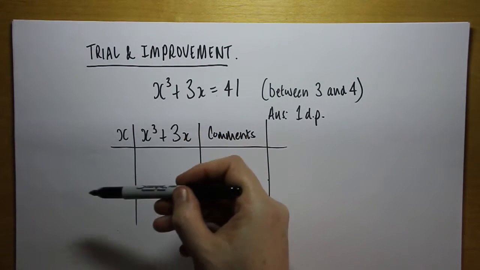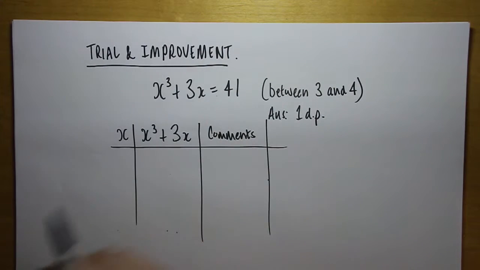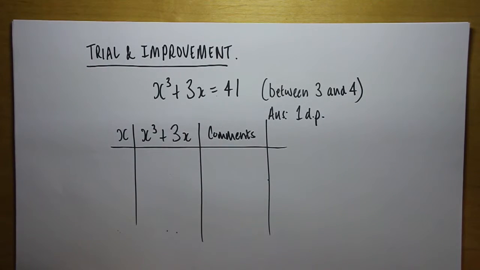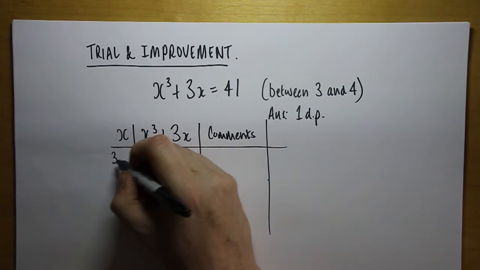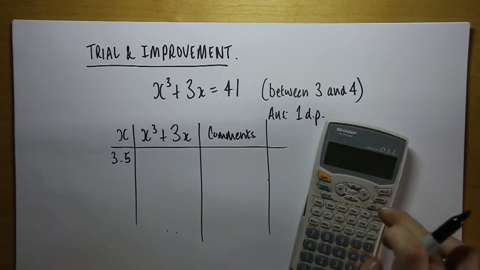And hopefully as we go through we'll get closer and closer until we hit on a satisfactorily accurate answer. So we will start, well, it's between 3 and 4, so why not start at 3.5, exactly halfway between 3 and 4.